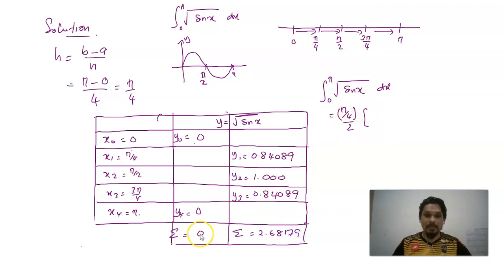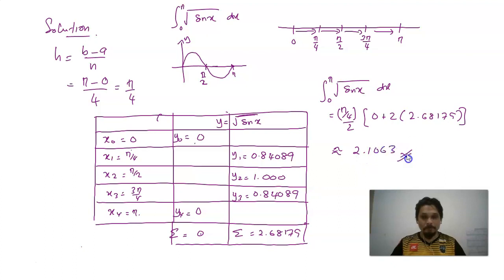So this part here, 0 plus 2 multiplied with the value of 2.68179, and the solution of this is approximately 2.62106.